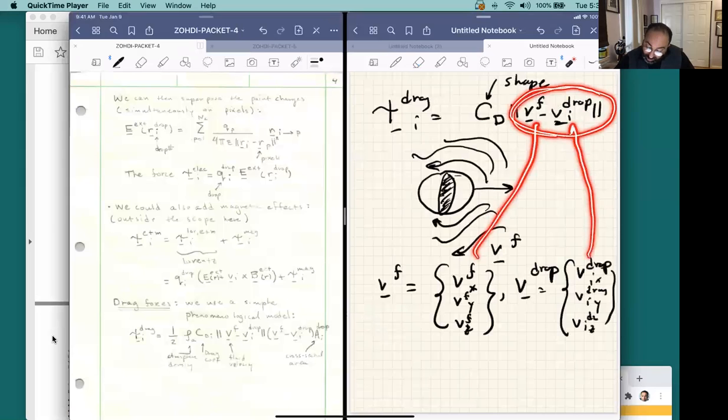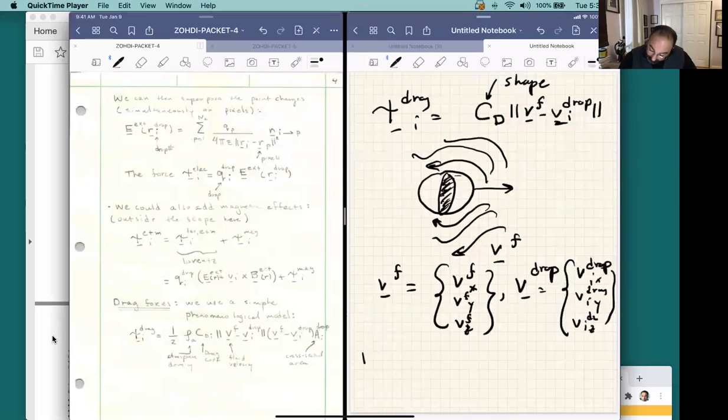This is still a scalar because the norm of the difference of the vectors is defined as the following. You take the vector V of F minus the vector of the drop. You then take their norm.